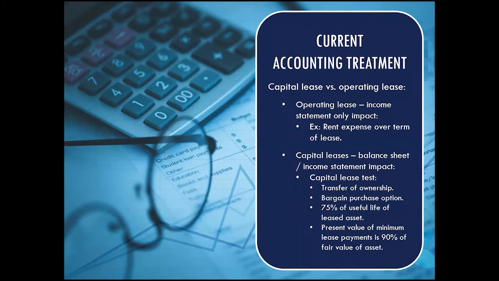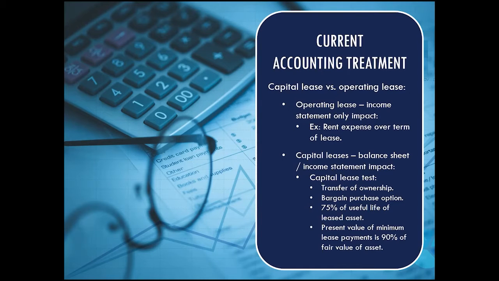As we talk about the capital lease, down below there are 4 criteria, and I'm going to go over those briefly, but they will come up later in the presentation as we bridge from the old guidance under 840 into the new guidance of 842. With the capital lease, there are 4 criteria that could trigger a capital lease. First, is there a transfer of ownership at the end of the lease term, or is there a bargain purchase option?